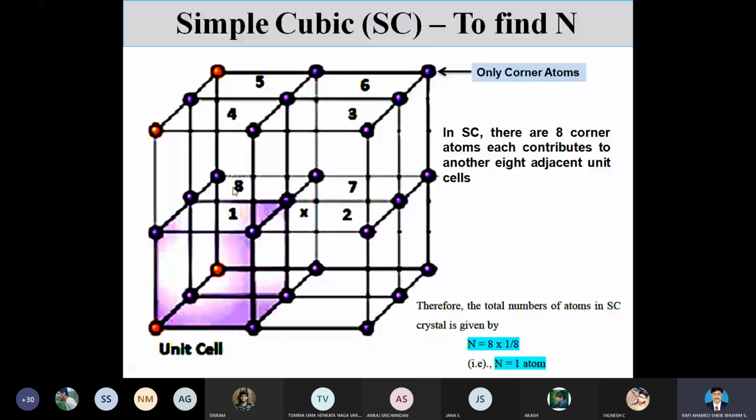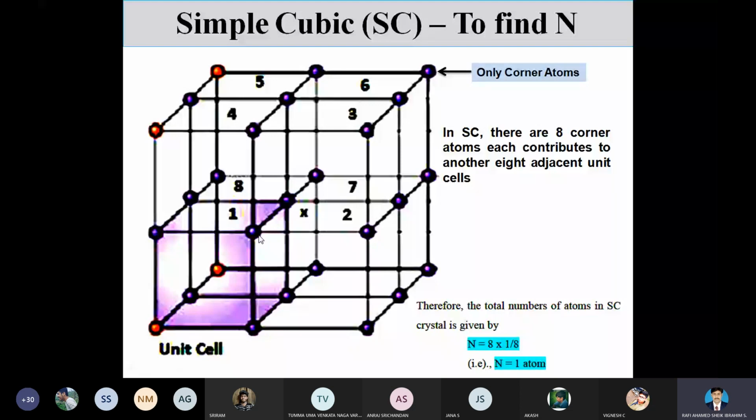So in a simple cubic structure, a unit cell contains 8 corner atoms, and each corner atom contributes to the 8 adjacent unit cells. For example, if I consider this other atom as X, it too is shared with the 8 adjacent unit cells.